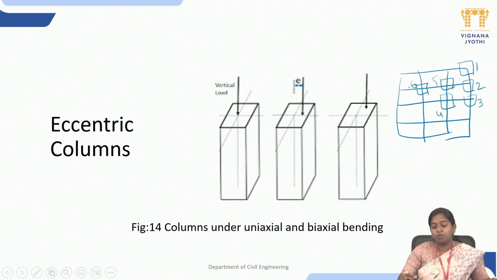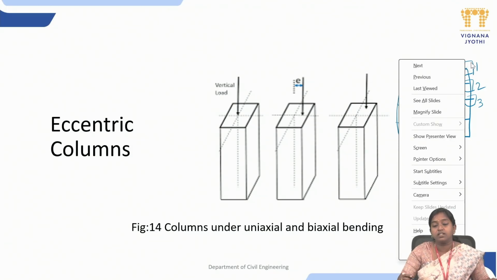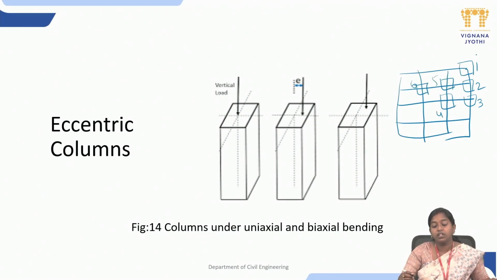Usually, columns 4, 5, 6 will be under axially loaded condition. But when we talk about 1, 2, and 3, these will be termed as eccentric columns because the load does not act directly at the center. As you can see, column number 1 is eccentric about both the axes. Columns 2 and 3 are eccentric about one of the axes.